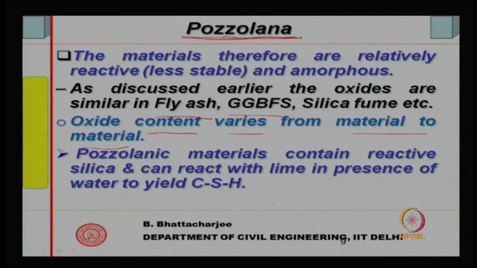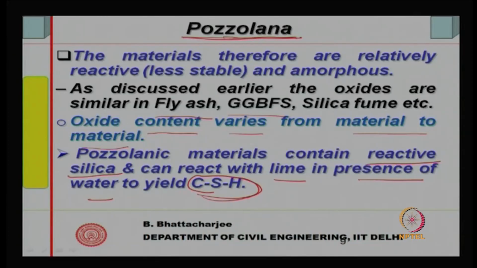Now, pozzolanic material has the characteristic that it contains reactive silica. As I said, the silica which has been heated up and cooled rapidly is in an amorphous, relatively unstable form and can react with lime in presence of water to yield the same product as cement hydration.